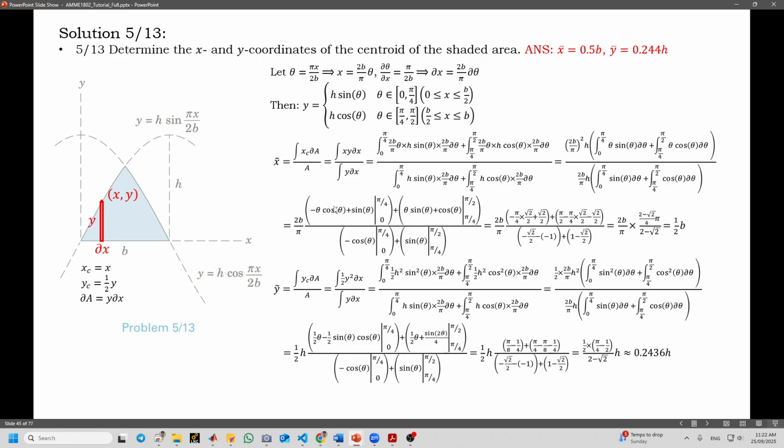So for example, pi over 4, it will be minus pi over 4 cosine of pi over 4 plus sine pi over 4, and minus, then you put 0 here. 0 cosine 0 will be 0, and sine 0 will be 0. And you do the same thing for this part, you can get the answer. For y bar, we use this formula. And please check your answer and let me know later.